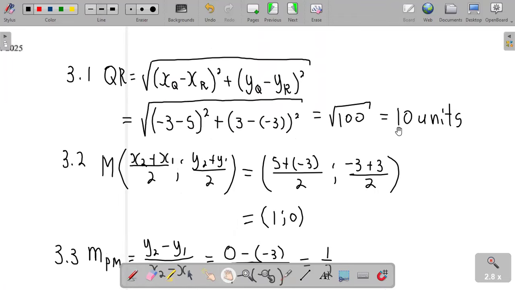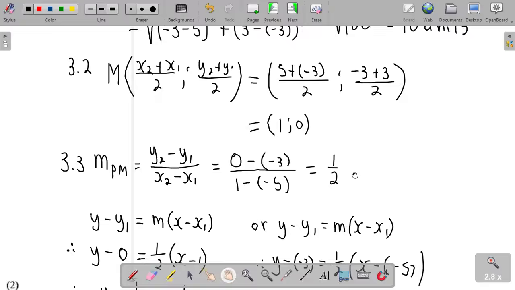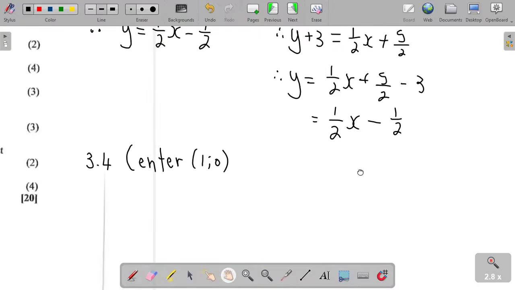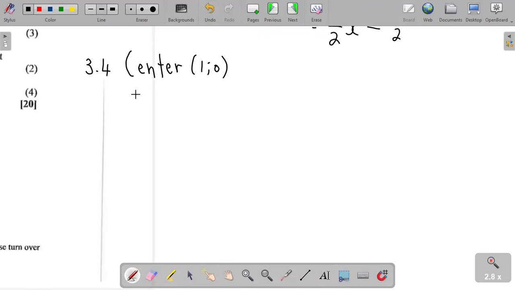So it means that the radius is going to be what? 5. We know QR equals 10 units.